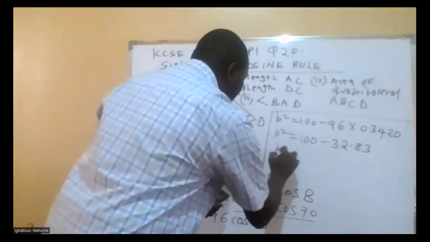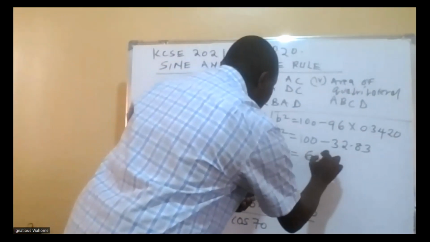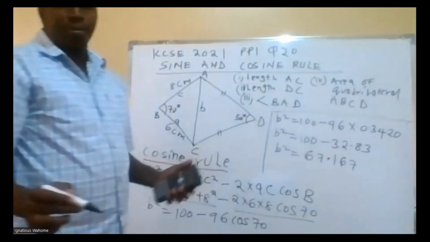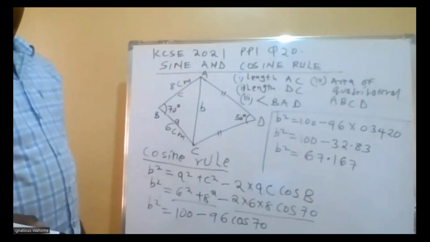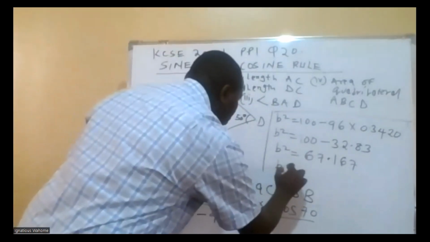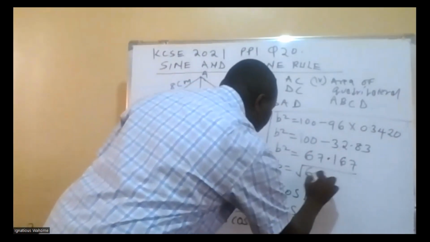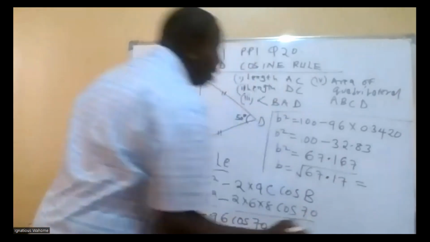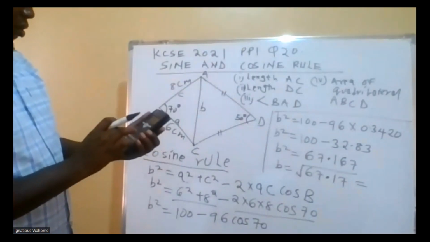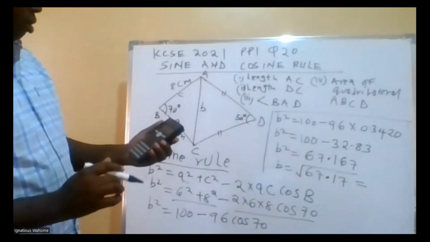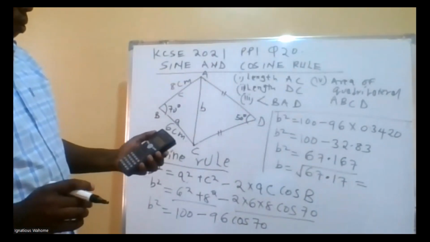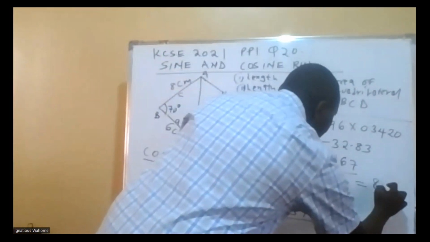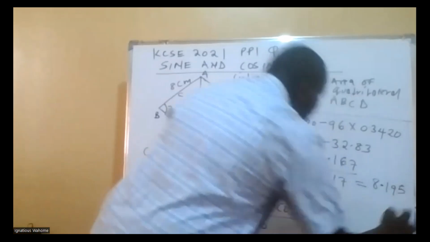You get b squared is equal to 67.167. So the value of b in this case will be equal to the square root of 67.17, which is 8.195.